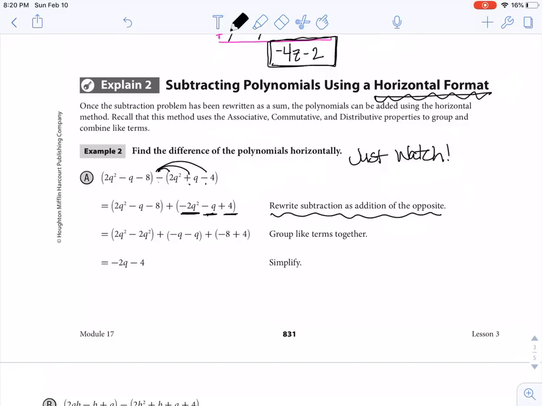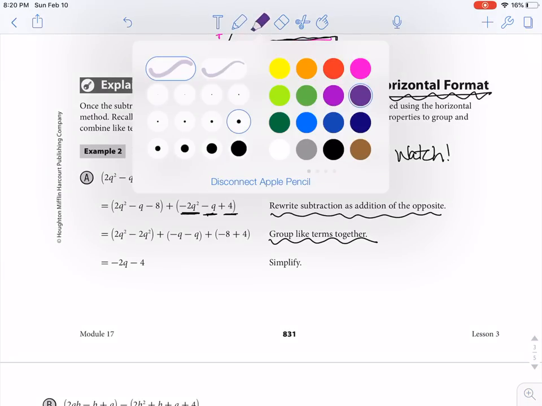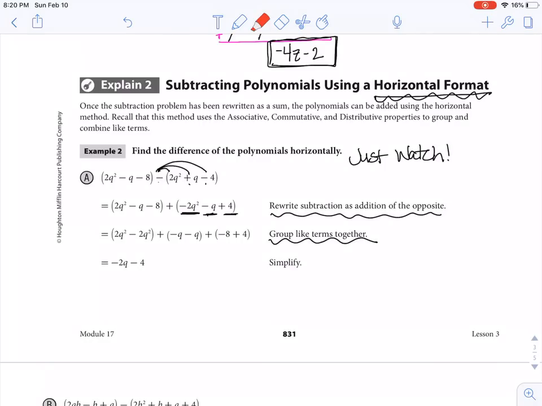And so what I'm actually going to do is group like terms. I notice that I have 2q squared, and I have a negative 2q squared. And so that's where we see this group here come to play. Okay, so we have 2q squared minus 2q squared.